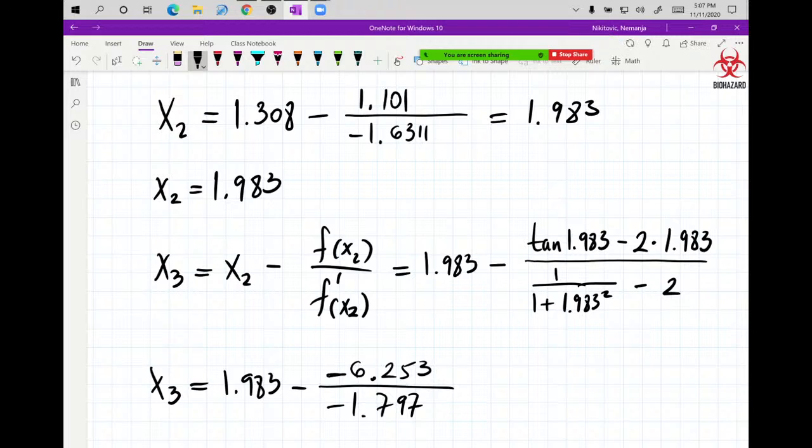So these negatives cancel, so I have 1.983 plus 6.253 divided by 1.797. It's getting worse. 5.46.